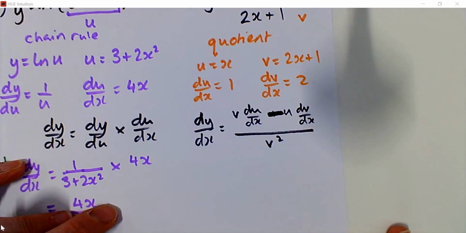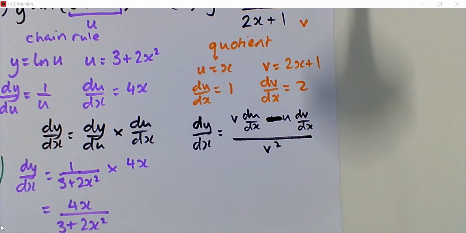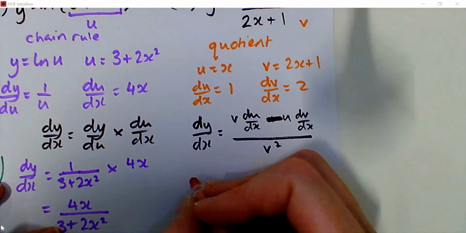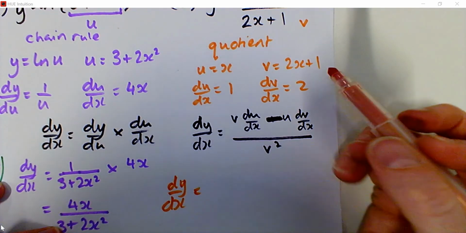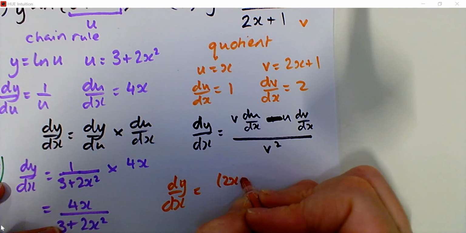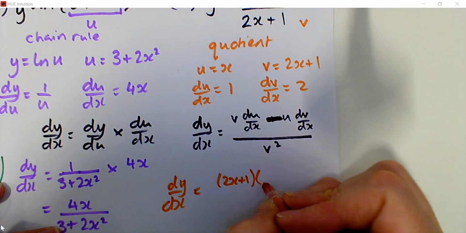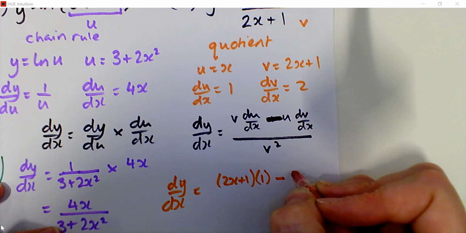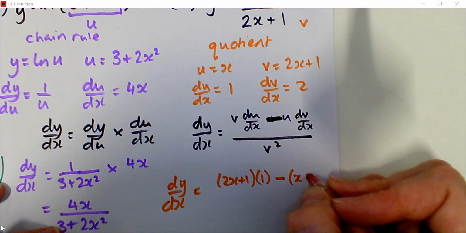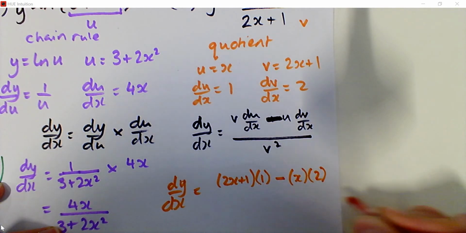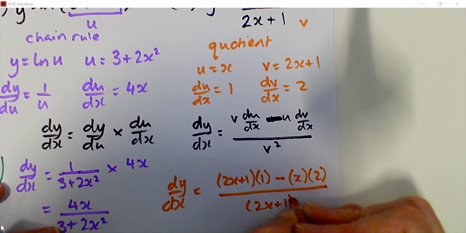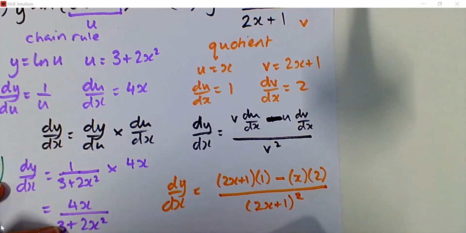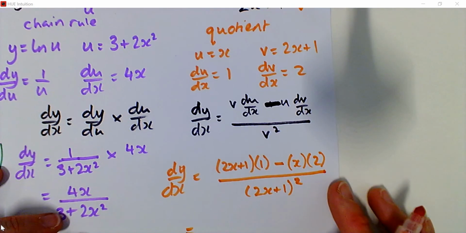Right, let's substitute in everything in the right places. dy by dx is going to equal v, which is 2x plus 1, times du by dx, which is just 1, minus u, which is x, times dv by dx, which is 2. And this is all over v squared. Then we do a bit of a tidy there.